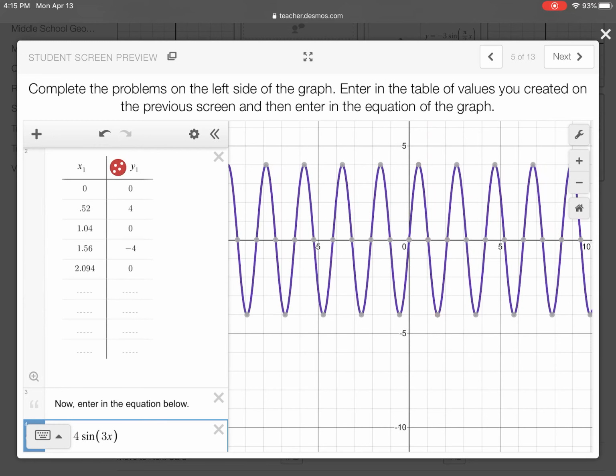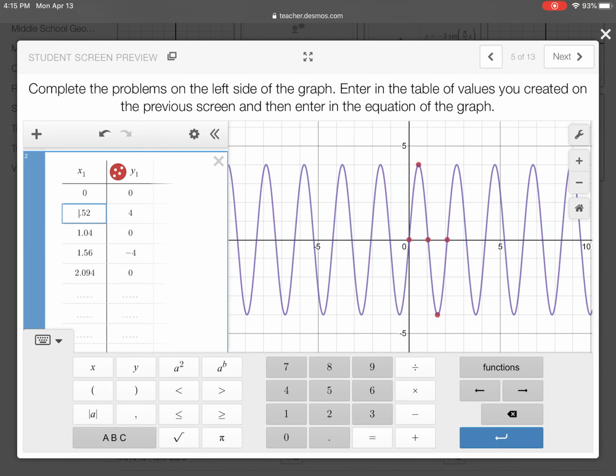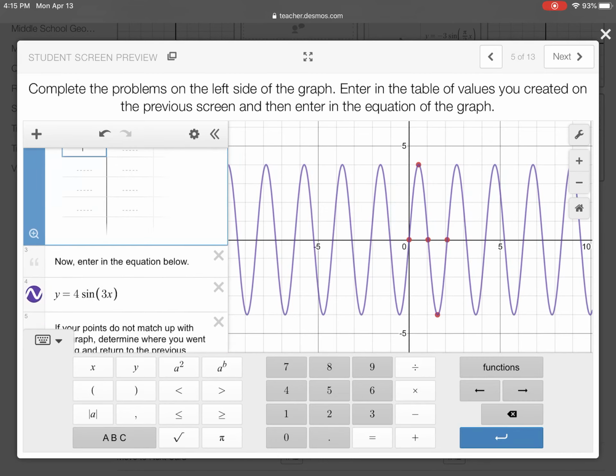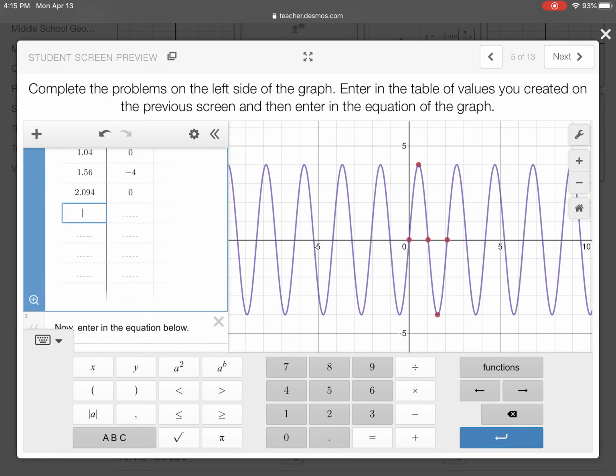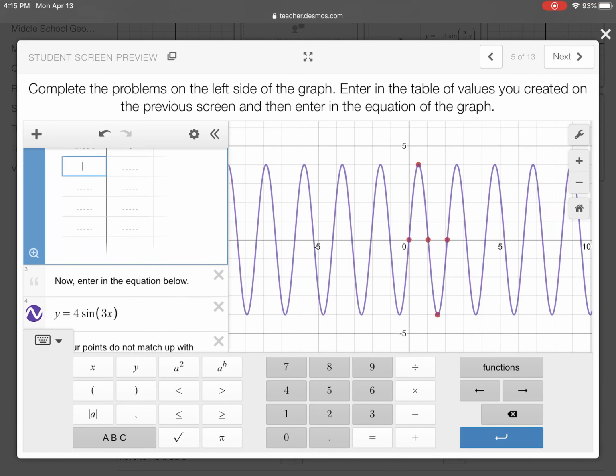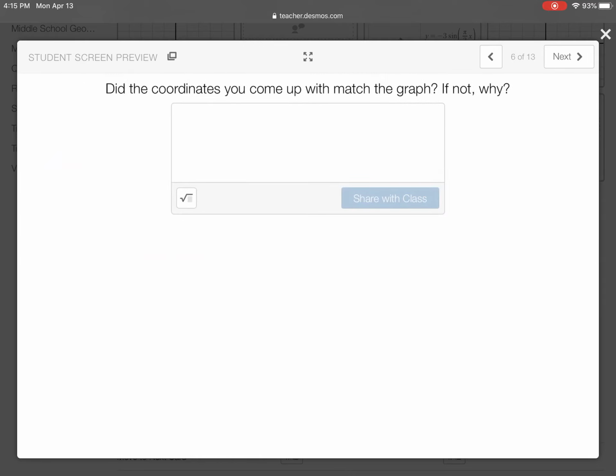You can leave these x values as pi over 2, pi over 3, just like we did before. If you wanted, your table on here will convert them automatically to a decimal. So if you don't know how to convert it to a decimal, this one will do it for you already. All right, and then you completed this. So notice that your red dots were on your graph and you did that correctly. That's 1 full rotation.